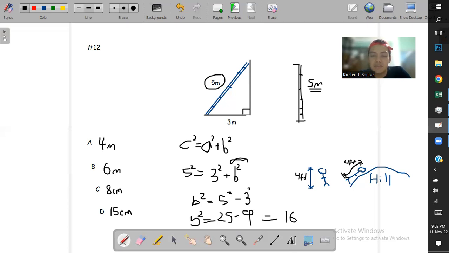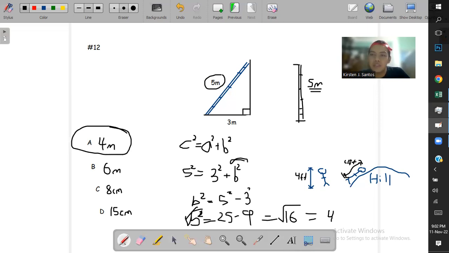And if we find the square root of both sides, b would stay alone, and 16 would have to be square rooted. The square root of 16 is 4, and your final answer is A.